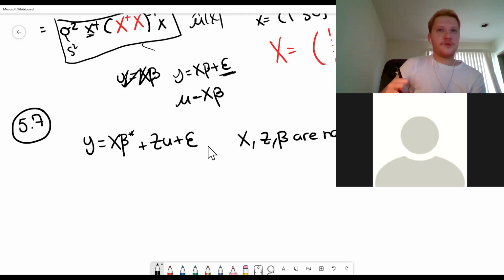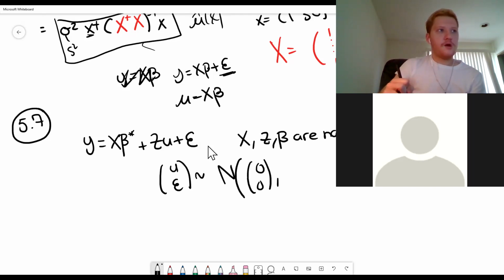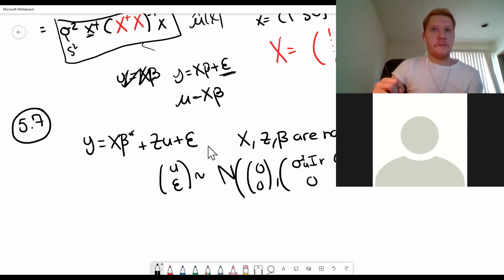They're all non-random. And then we say that u and epsilon have a joint normal distribution where they both have mean 0. They're uncorrelated, so they're independent, and then they look like this.